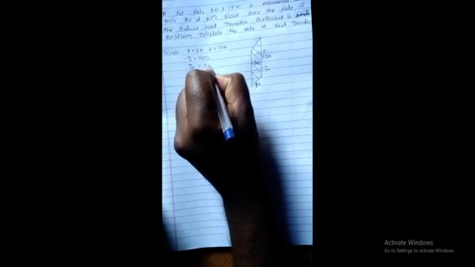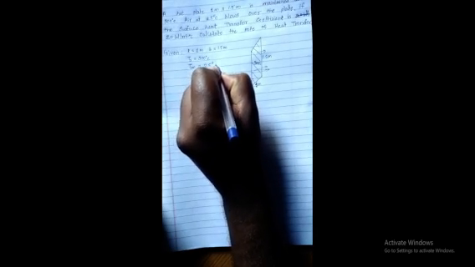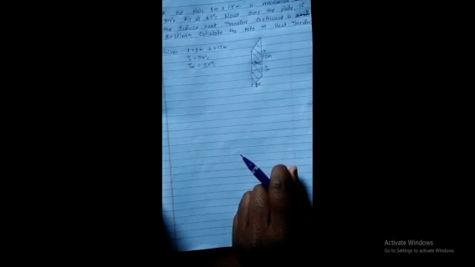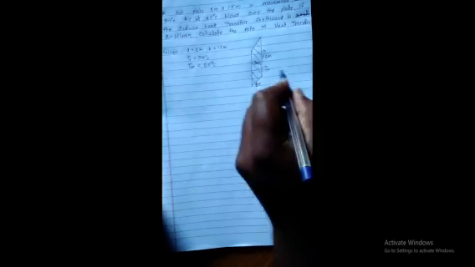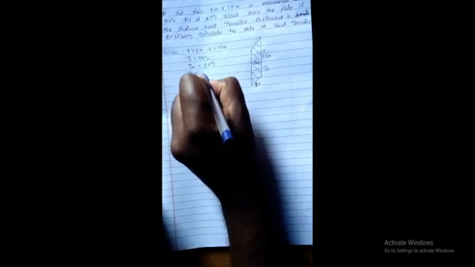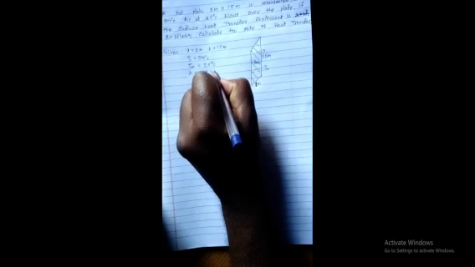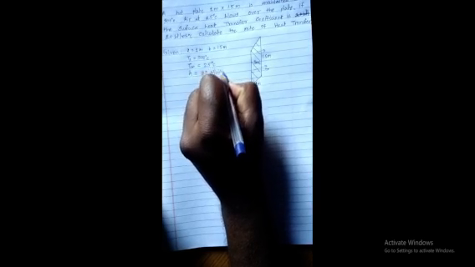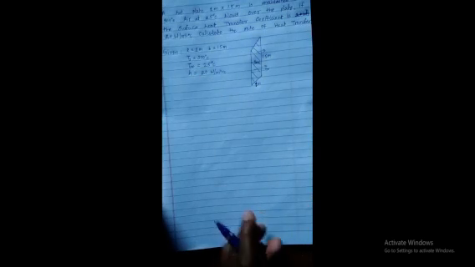Air at 25 degree, that is T infinity, surrounding temperature is 25 degrees Celsius, blows over a plate. If the surface heat transfer coefficient, that is convective heat transfer coefficient, is 20 watt per meter square degree Celsius.